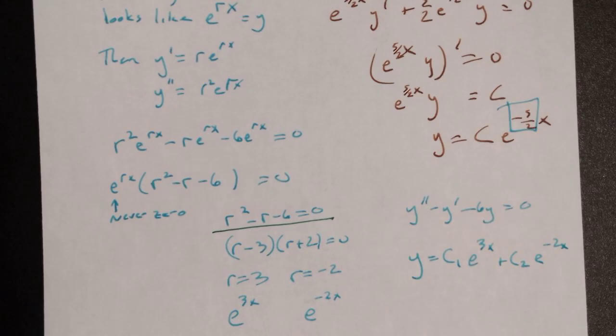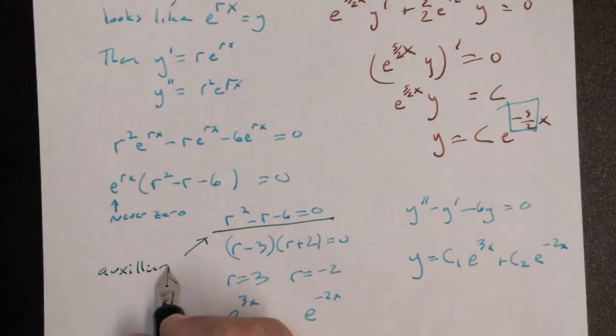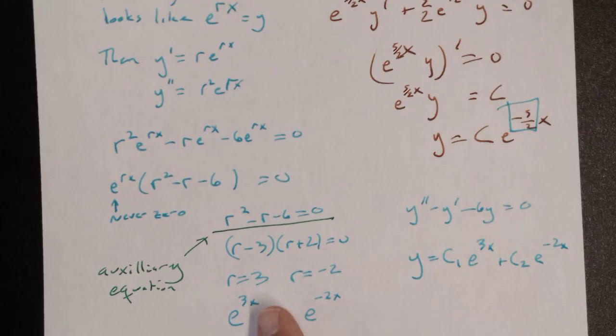This equation right here is called the auxiliary equation. Some textbooks call it a characteristic equation. Sound familiar, linear people? And that makes these characteristic values.